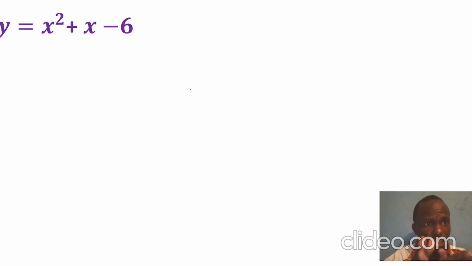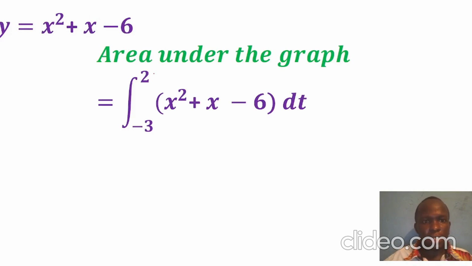The function is y is equal to x squared plus x minus 6. So let us integrate it. But remember, this is the upper limit, this is the lower limit: the points where the curve cuts the x-axis, 2 and negative 3.